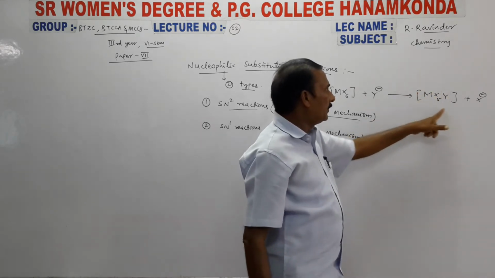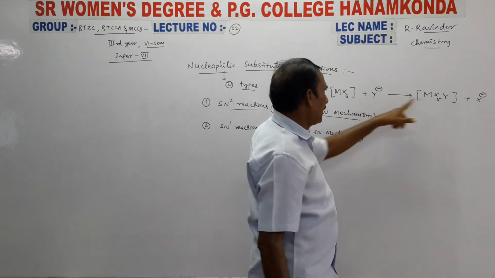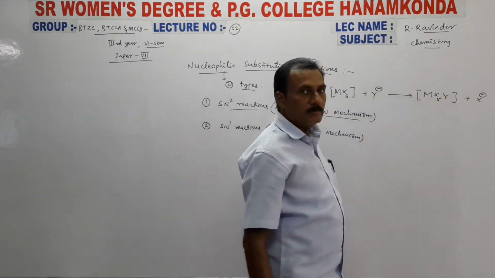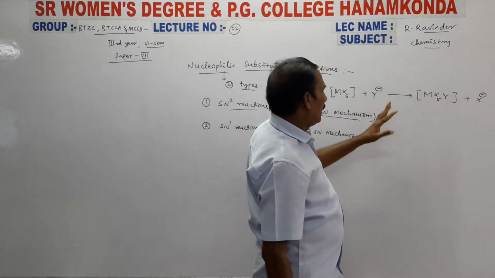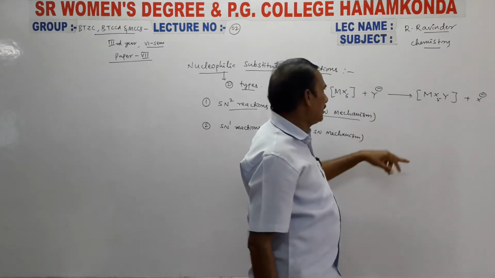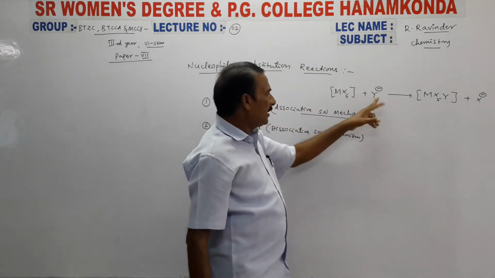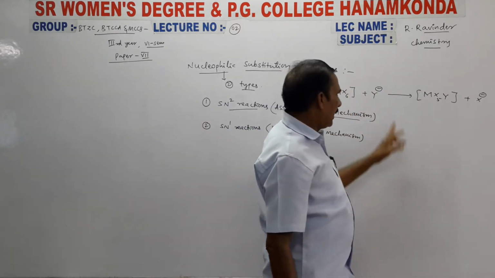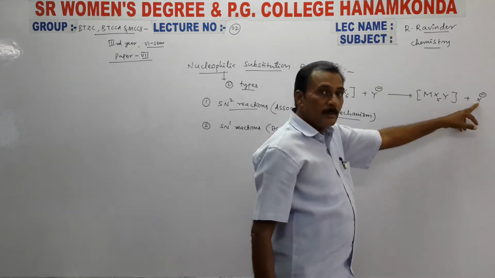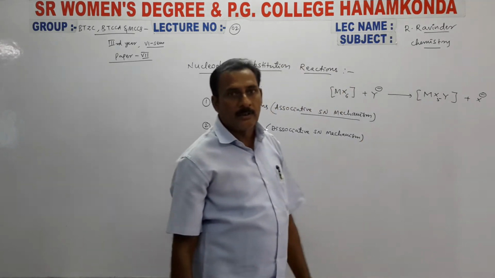The total number of ligands is 6, 5 plus 1, here also 6. The metal is constant and X is eliminated. This is the replacement of nucleophiles or ligands. When one ligand is replaced by another ligand, it is called a nucleophilic substitution reaction.